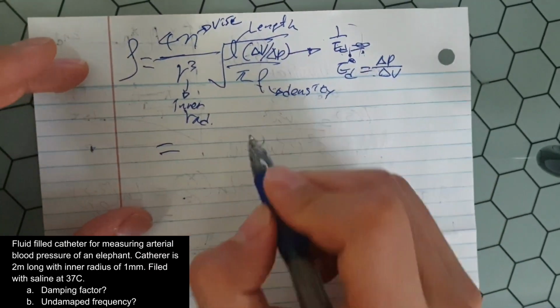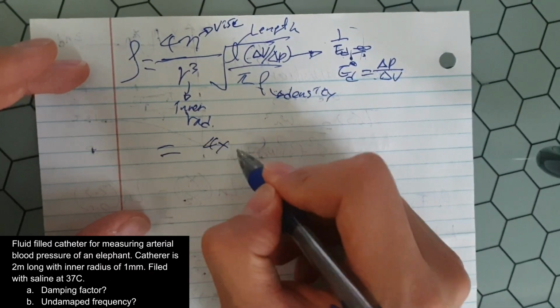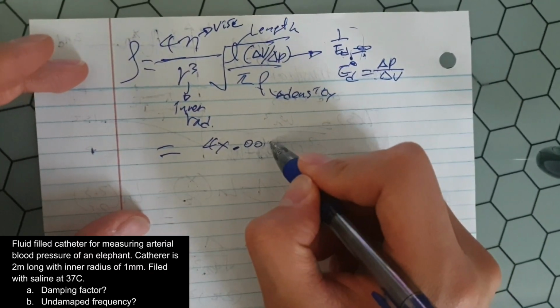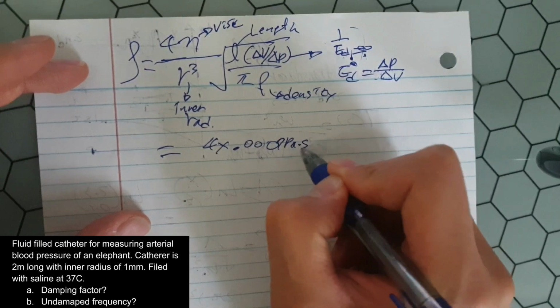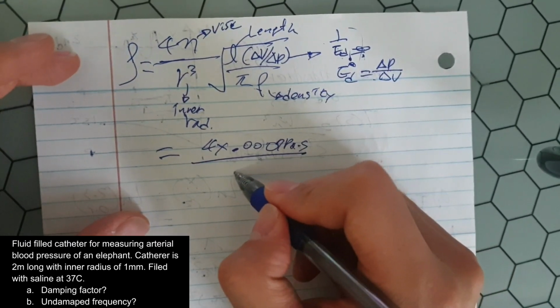And if you put the actual numbers in, which is fairly straightforward, the viscosity is 0.0007 Pascal seconds, over inner radius of 1 millimeter.